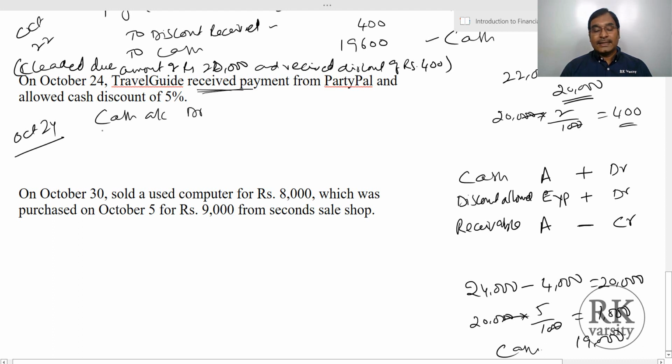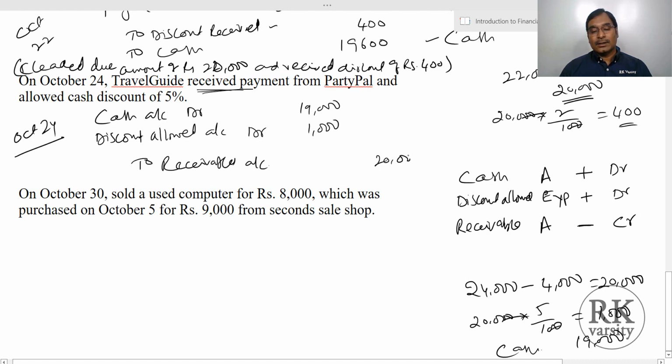The next one is discount allowed account debtor. So how much is the cash? 19,000, and discount allowed is 1,000 to receivables account and 20,000.